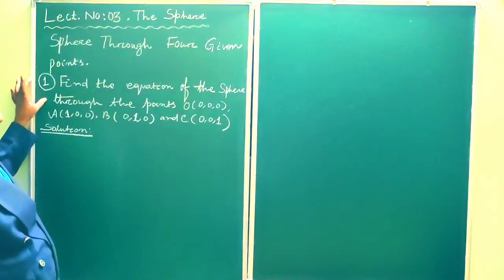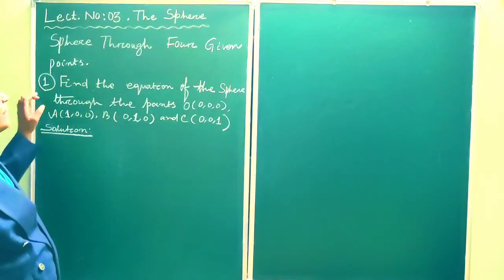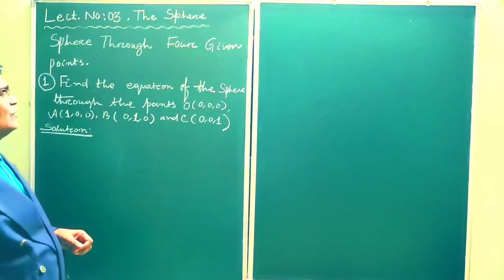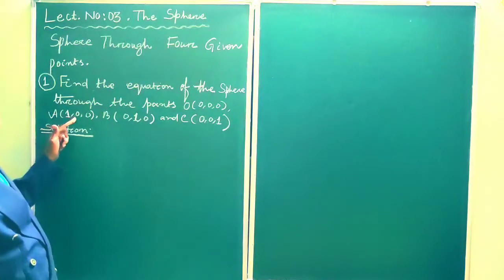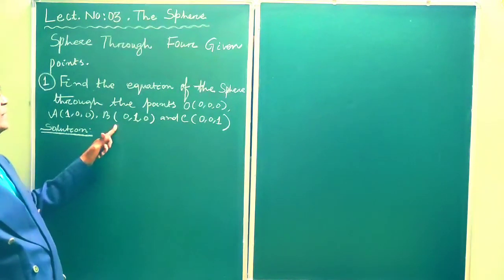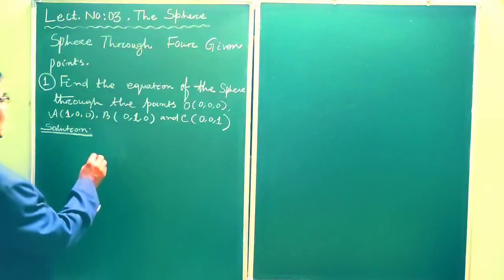Now to find the equation of a sphere through the points O of 0, 0, 0, A of 1, 0, 0, B of 0, 1, 0 and C of 0, 0, 1.